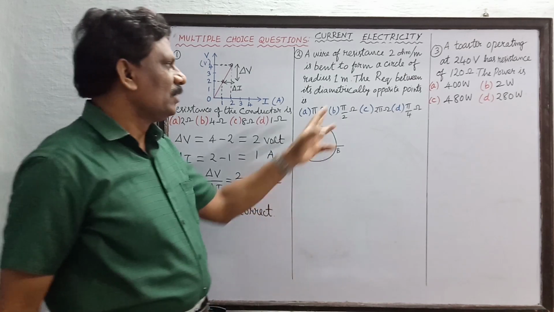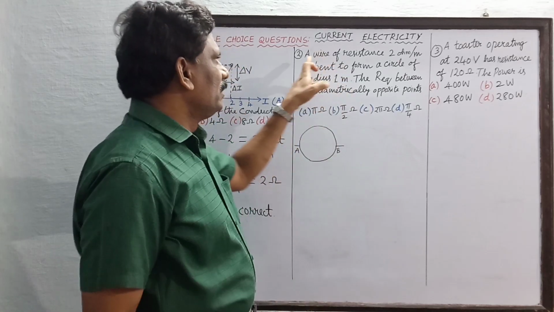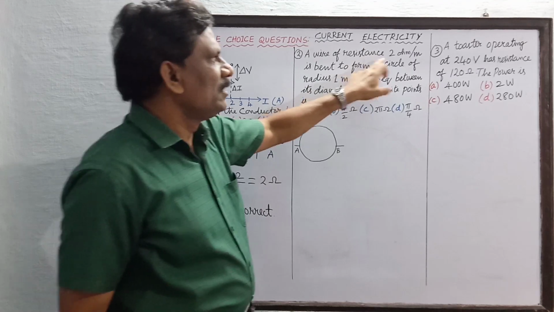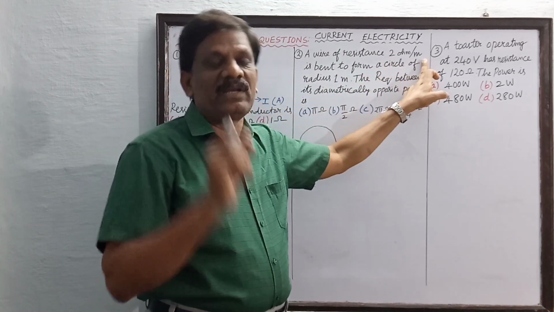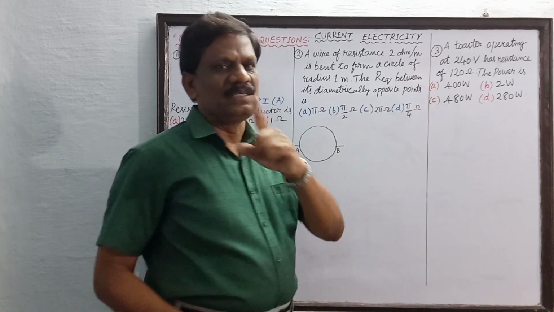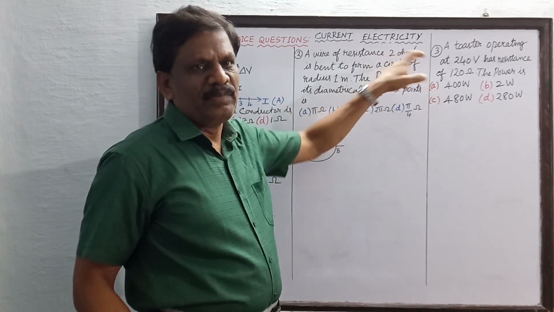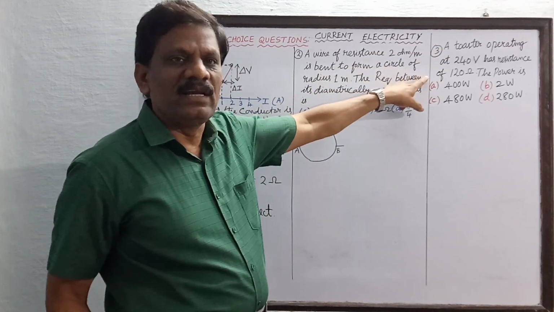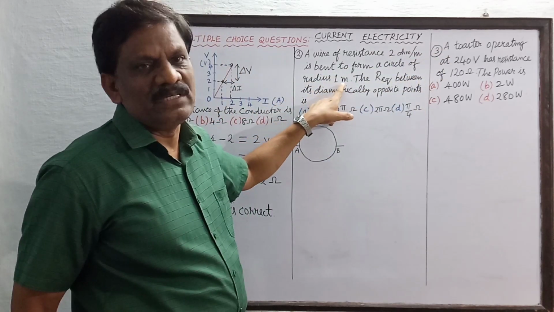Now the second numerical, I will read first. A wire of resistance 2 ohm per meter, so for every 1 meter length the resistance is 2 ohm, is bent to form a circle of radius 1 meter.